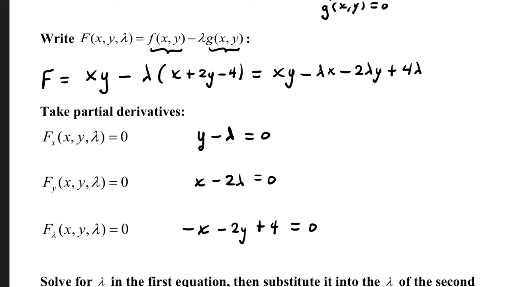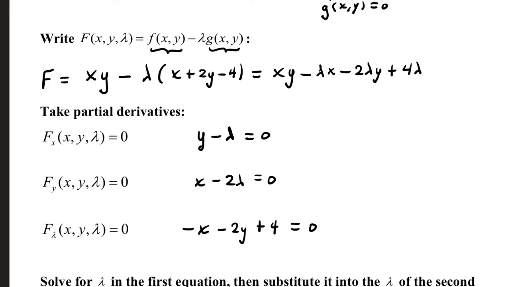Taking the derivative one more time, with respect to lambda, we get 0 minus x minus 2y plus 4, excuse me. There are three terms with lambda: negative x minus 2y plus 4, and we'll set that equal to 0.